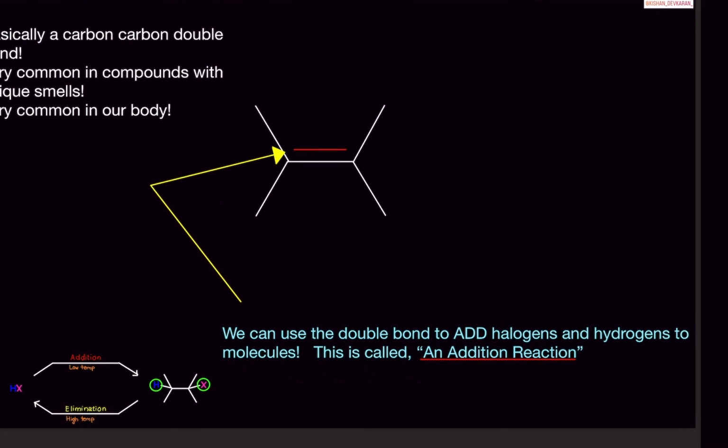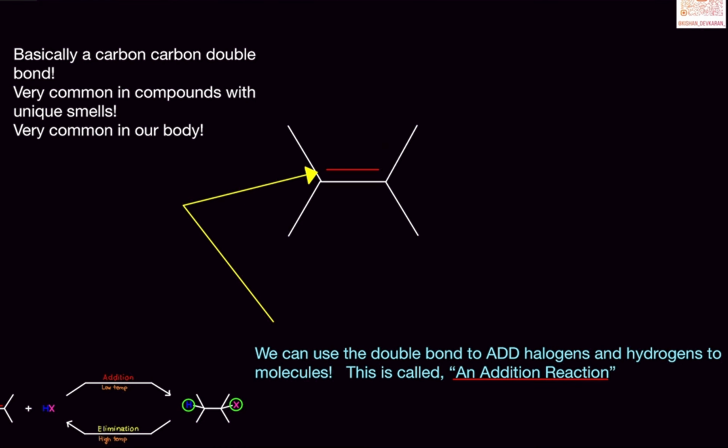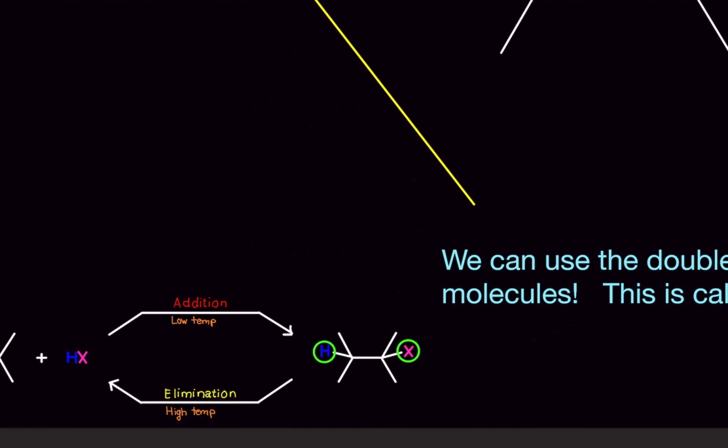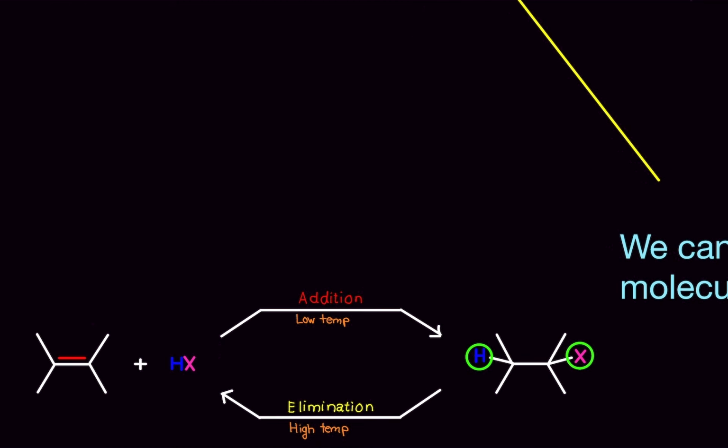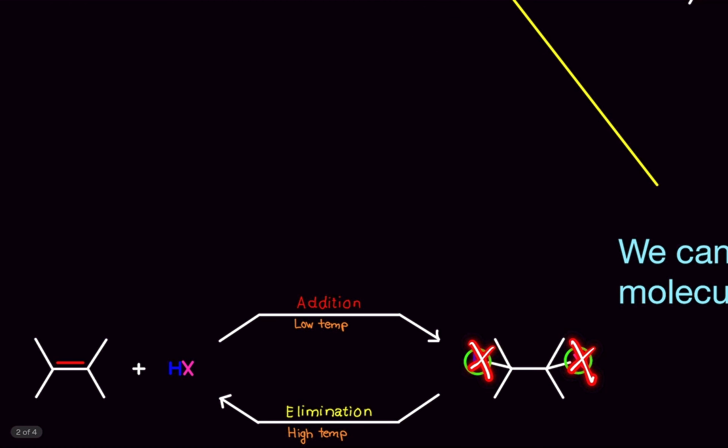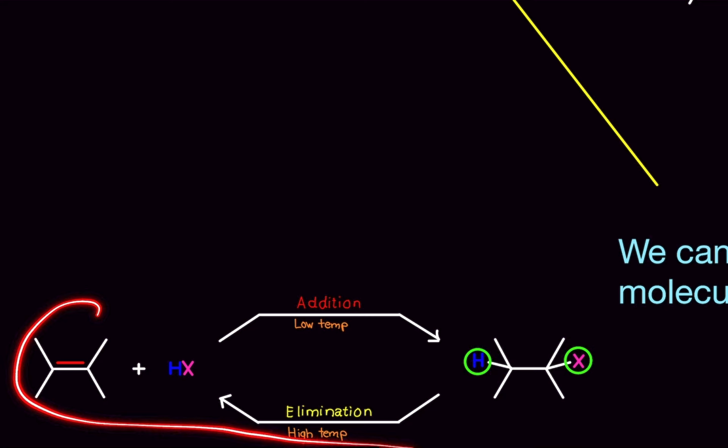Now, what's really cool about this is that we were studying elimination reactions this entire time, right? Where we use a base to eliminate a halogen and hydrogen, and we replace it with a double bond. So that was our normal elimination reaction, right? And you would run these elimination reactions under high temperatures. But we can actually do the reverse.